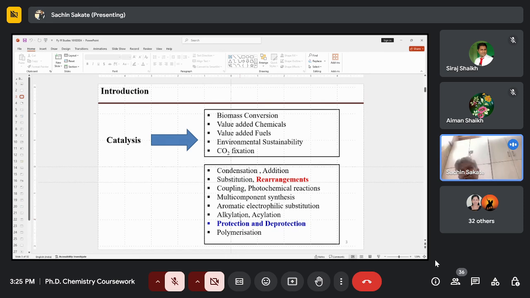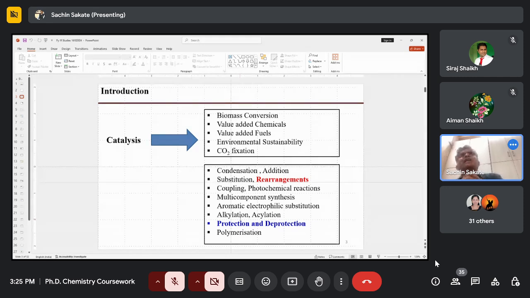Value-added chemical synthesis is the main field where heterogeneous catalysis is most widely used, for value-added chemicals like HMF, hydroxymethylfurfural, and furan dicarboxylic acid.